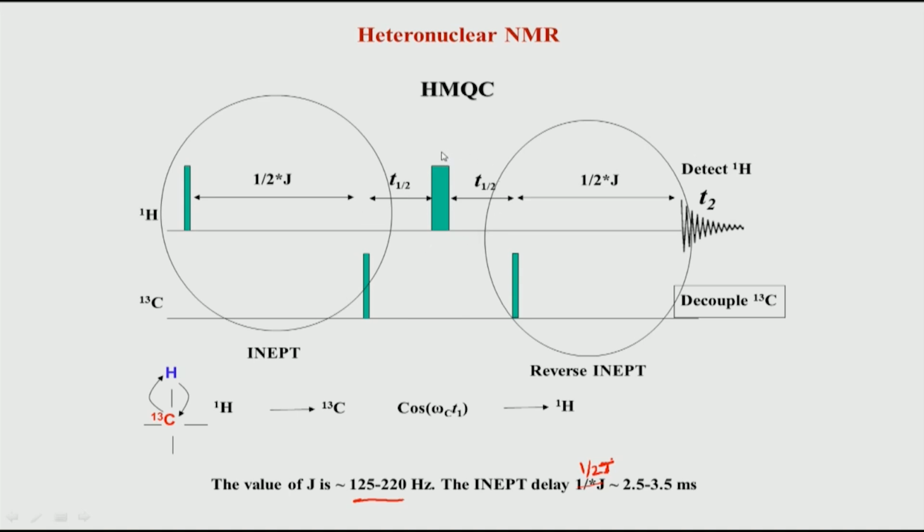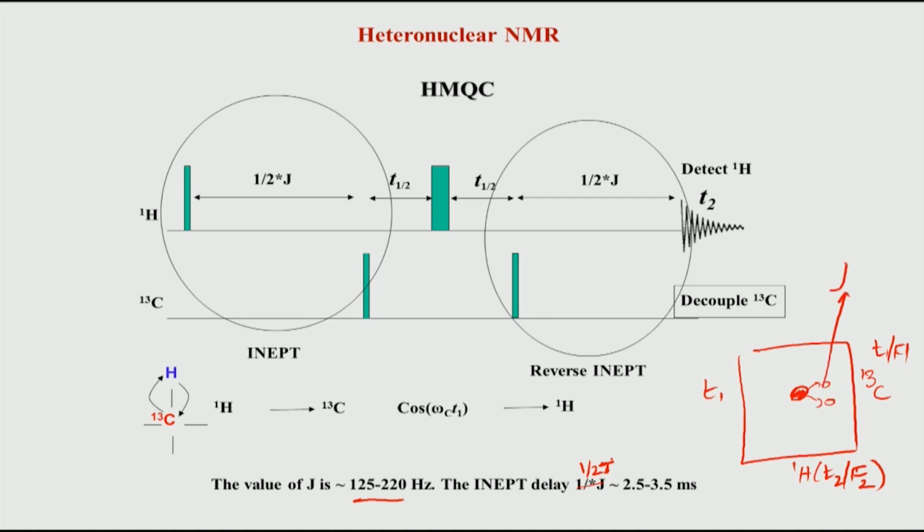So, again let me draw it as an example or a schematic. 2D is like this, you have carbon 13 here, this is called T1 or we use the word F1, and this is proton, this is T2 or we can call it F2, F2 means frequency. Now let us say we get a peak like this in this correlation, but during this period, that is T1, which is shown here, in the T1 part there will be a slight splitting because of proton to proton coupling.